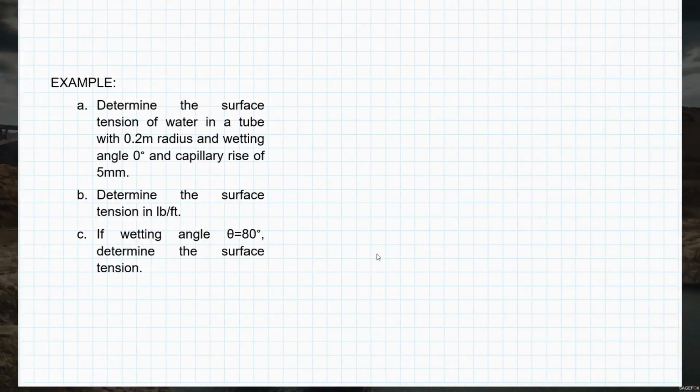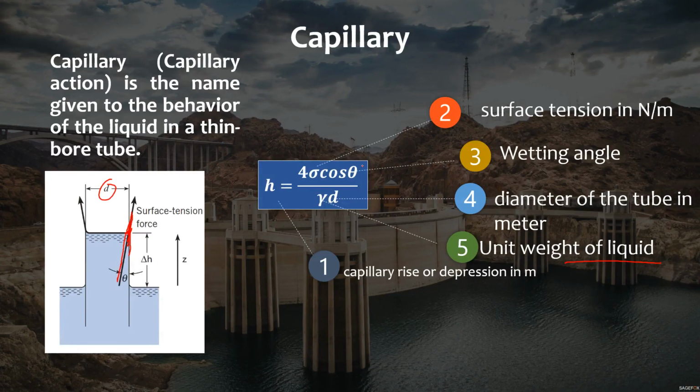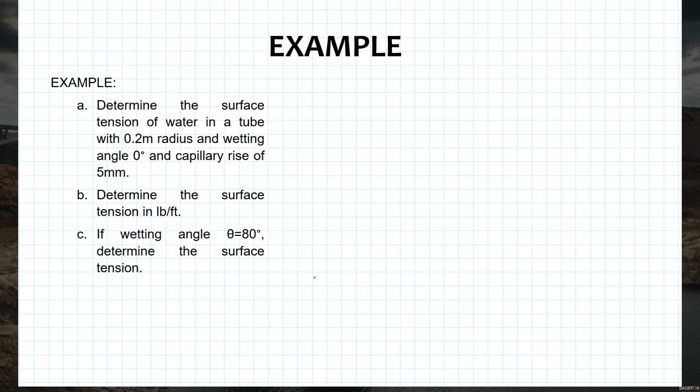So let's recall again the formula. This one. H is equal to 4 sigma cosine theta over gamma d. Let's write down first the given. For letter A, we have a radius of 0.2 meters, wetting angle theta, 0 degrees, capillary rise H, 5 mm.